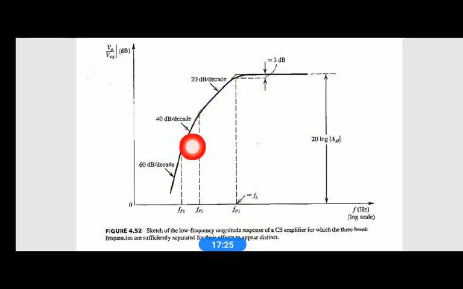Below FP3 the decrease in gain is 40 dB per decade, due to 20 dB per decade by FP2 and 20 dB per decade by FP3. Below FP1 it is 60 dB per decade, because 20 dB is due to FP1, 20 dB due to FP3, and 20 dB due to FP2, all together. Below FP1 the decrease in gain is 60 dB per decade.